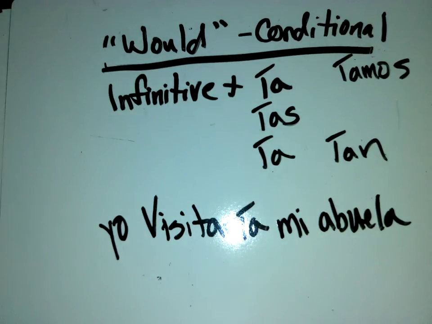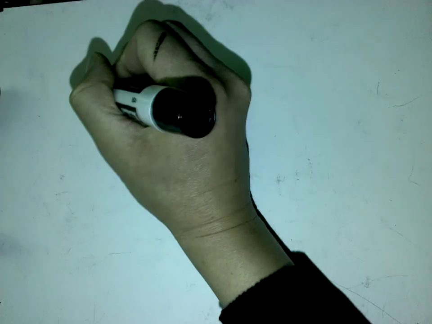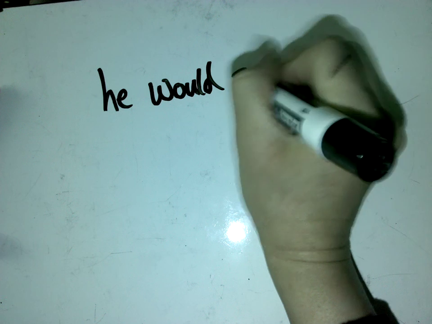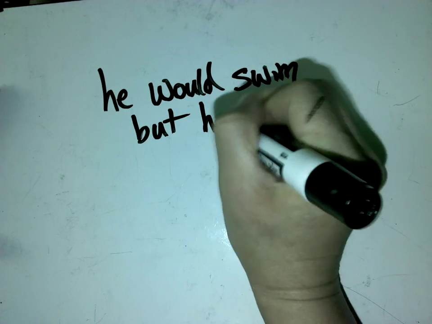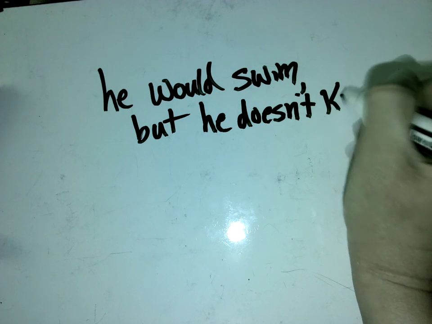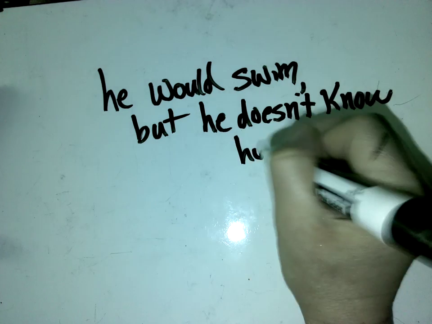All right, so this is the very simple formation here. Let's take a look at an example, and let's do it together. How would you say in the conditional, he would swim, but he doesn't know how?